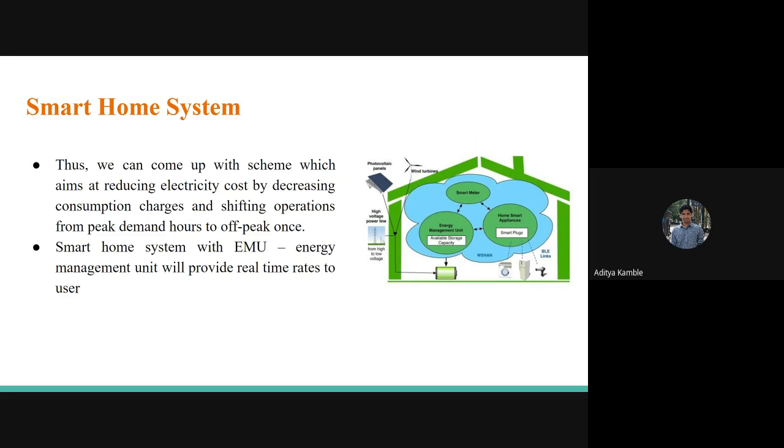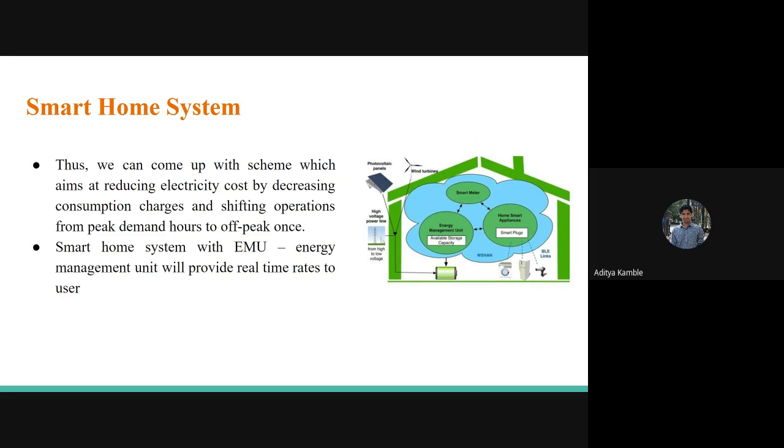For the smart home system, the EMU, Energy Management Unit, will provide the real-time rates to the user. This Energy Management Unit will gather all the data from the usage of the appliances. It will provide the data to the high voltage power line, and they will come up with the rates based upon the usage given by the EMU.